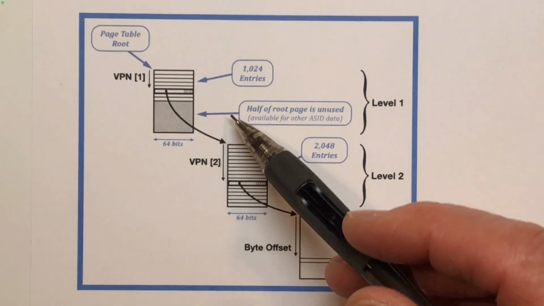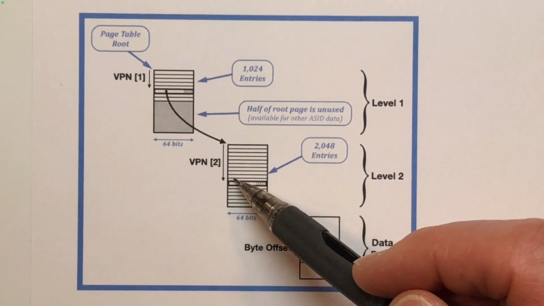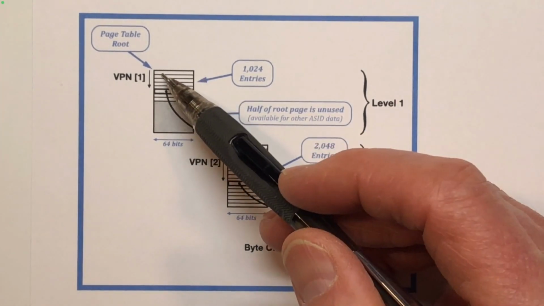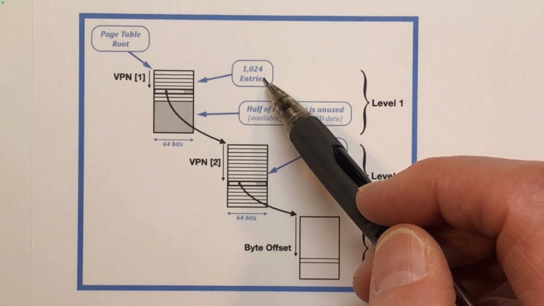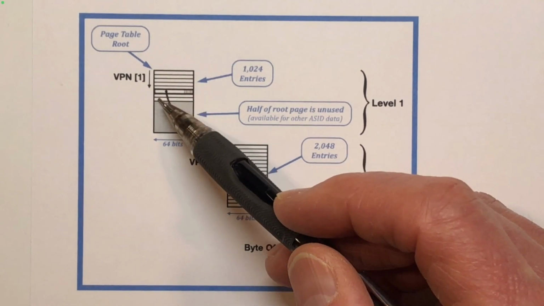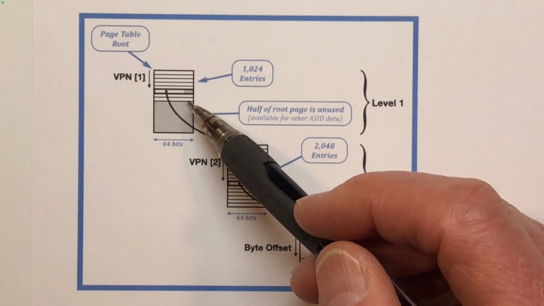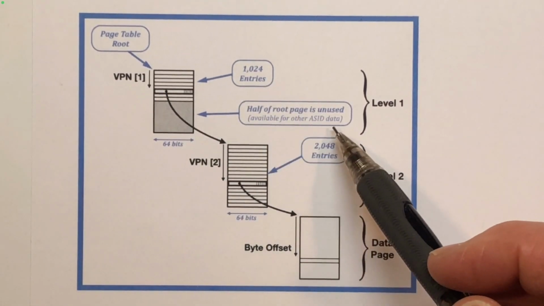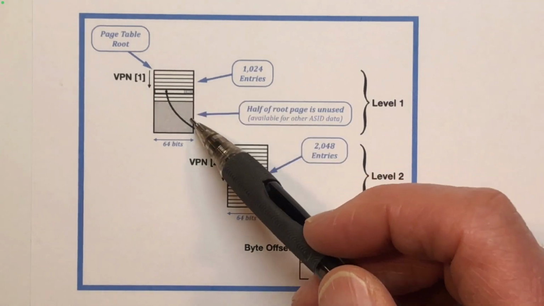So we can use VPN2 to index into this node here. And with the root node, we only have 1024 entries, and we only need 10 bits to address into that. So if this is a full 16 kilobytes, then the second half is not used and available for other information to be stored by the kernel as it needs.